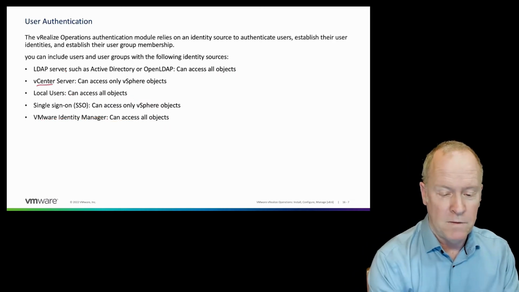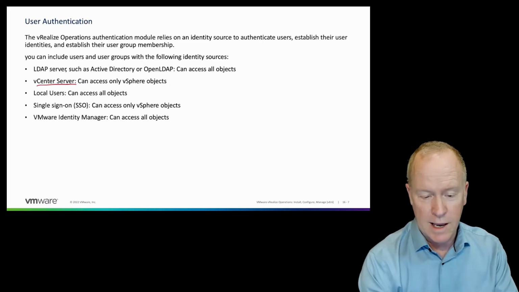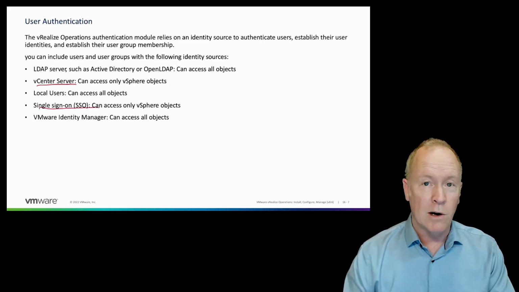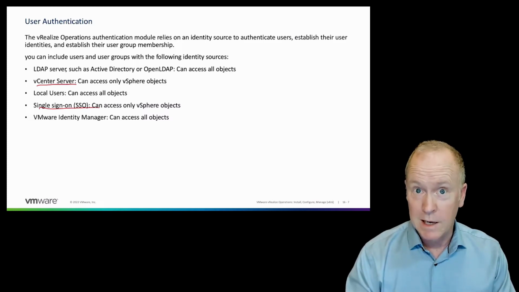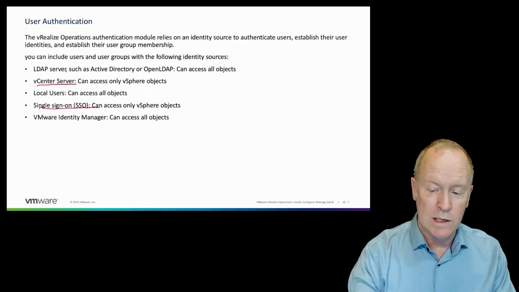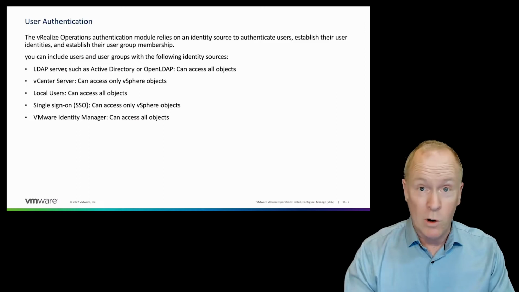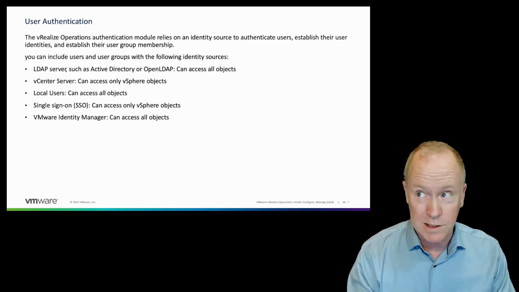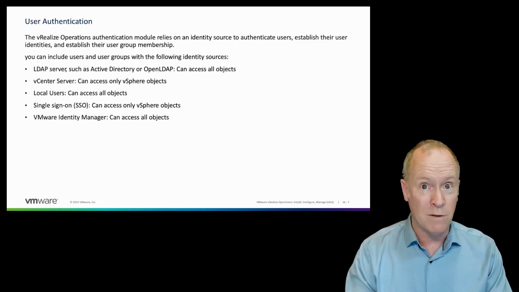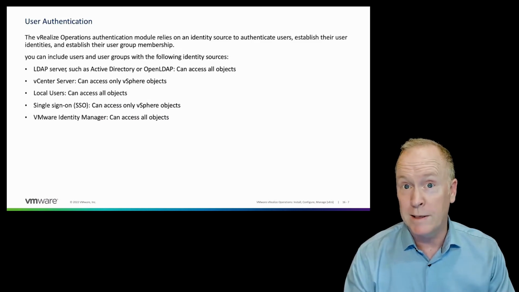On the other hand, vCenter users and single sign-on users are only going to be able to see vSphere objects when they're logged into vRealize operations. In other words, if you log into vRealize operations using your vCenter credentials, you're only going to see in vRealize operations the same objects you would have seen if you logged into the vSphere client.